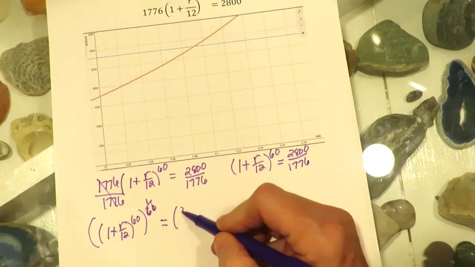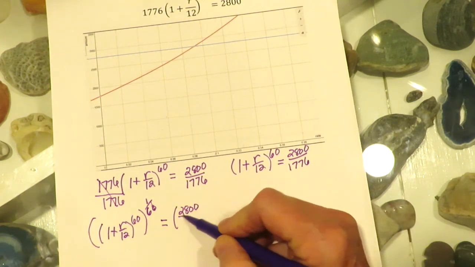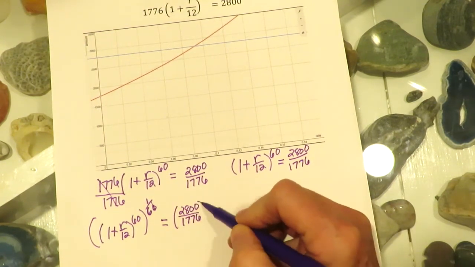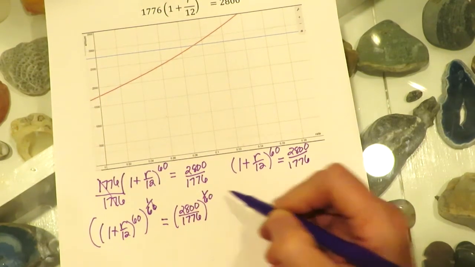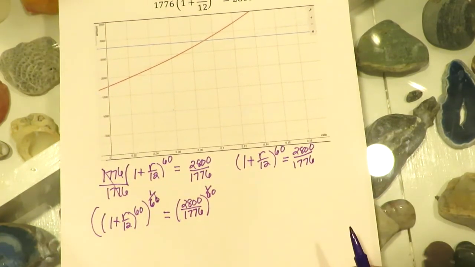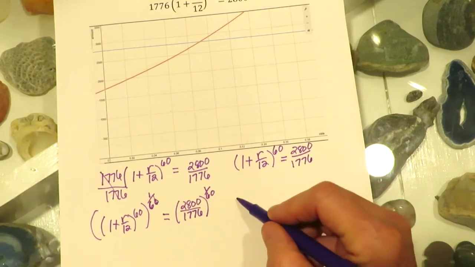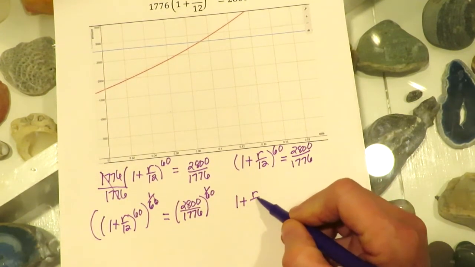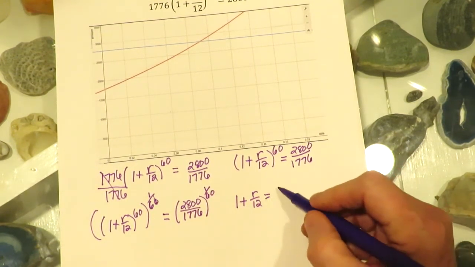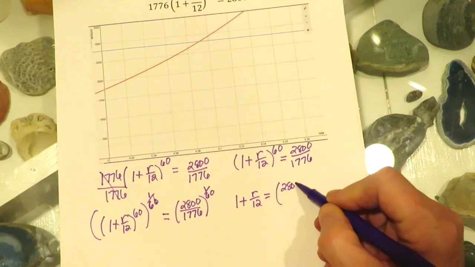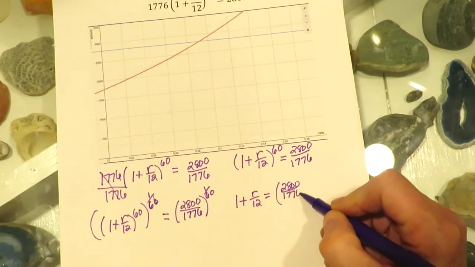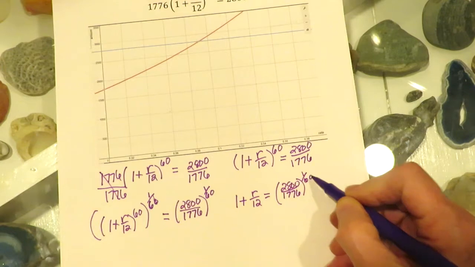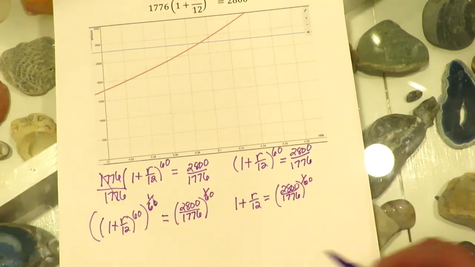But whatever I do to one side, I have to do the same thing to the other side. So my fraction over here also is going to get raised to the 1 over 60 power. So that gives me 1 plus r divided by 12 is equal to whatever that fraction is to the 1 over 60 power. And I'm still trying to get r.